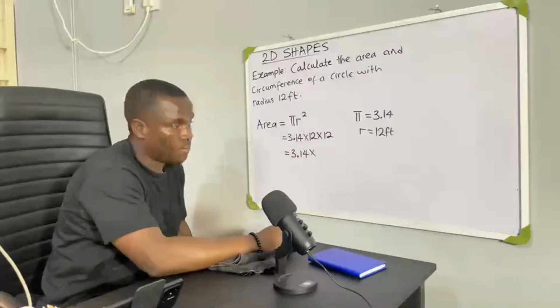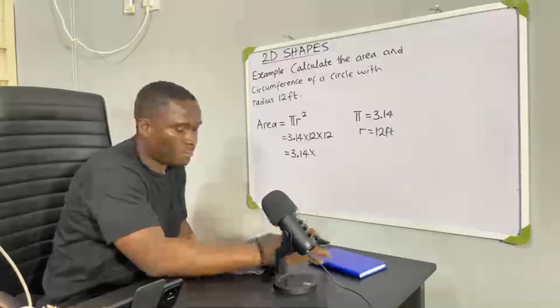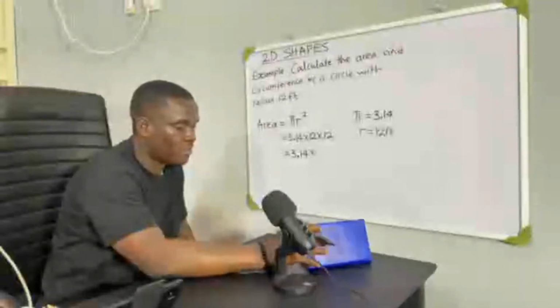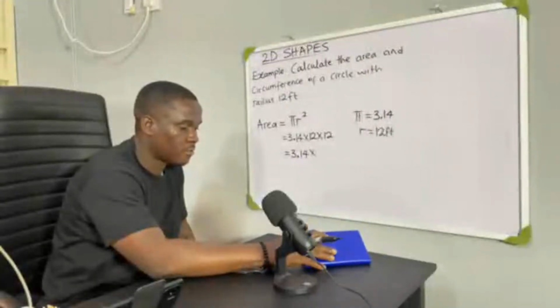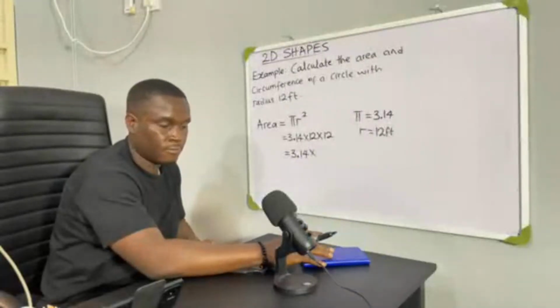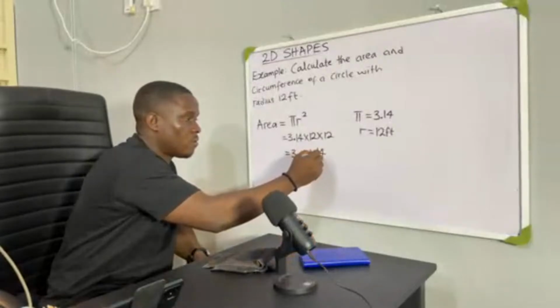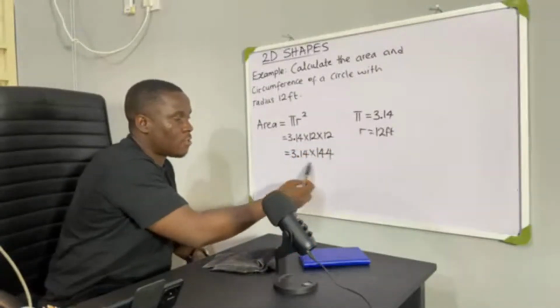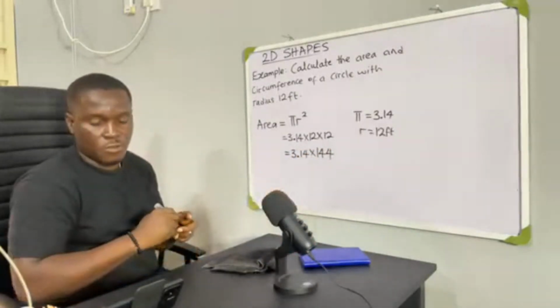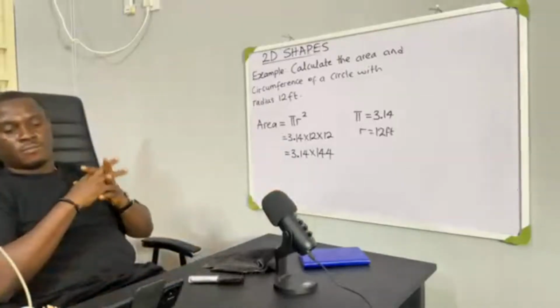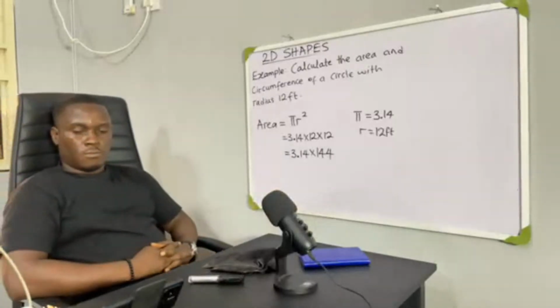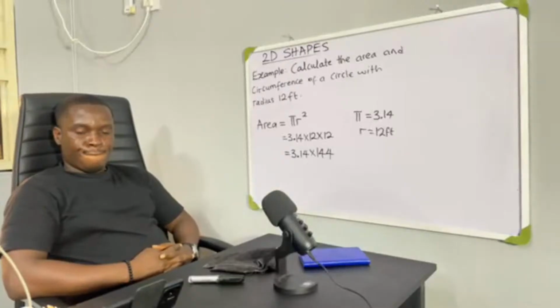What's 12 squared? 12 times 12. Check again. 144. Okay, so now you're going to do 3.14 times 144. What do you have?